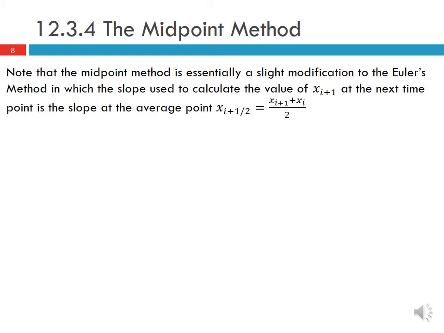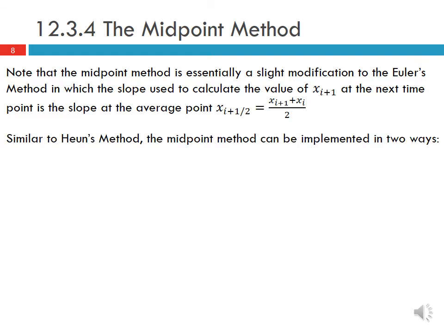We can note here that the midpoint method is essentially a slight modification to Euler's method, in which the slope used to calculate the value of xi plus 1 at the next time point is the slope at the average point, xi plus a half, which we can define as xi plus 1 plus xi divided by 2.